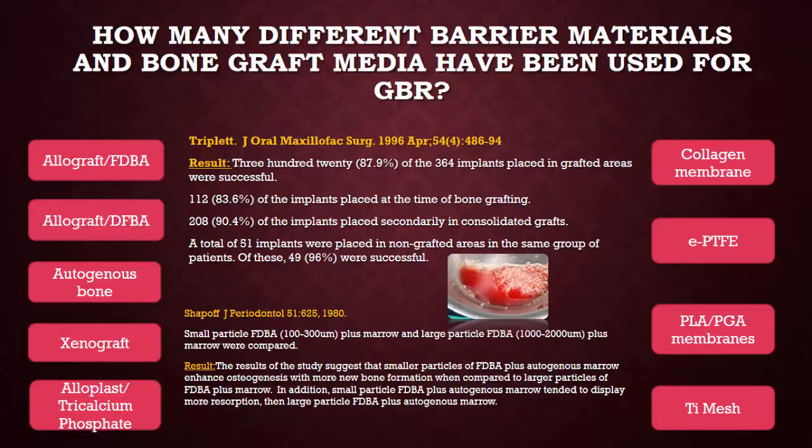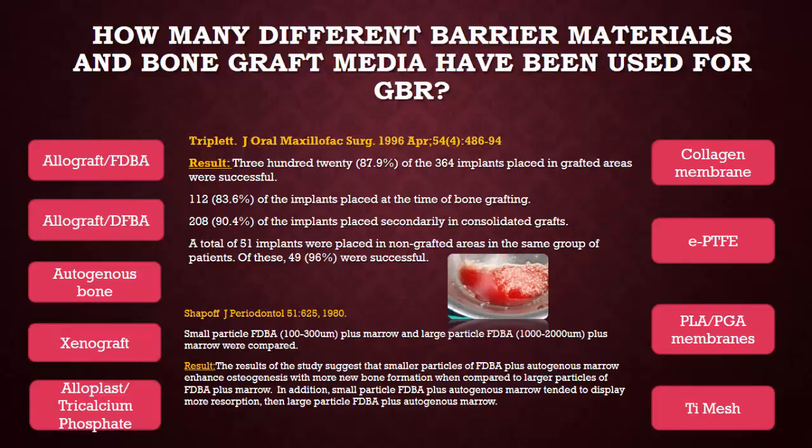However, according to the Sharpov study, he used FDBA small particle size, which ranges between 100 to 300 micrometer, and also compared it with a large particle size FDBA, ranging between 1000 to 2000 micrometer, which is like 1 millimeter to 2 millimeter particle size.